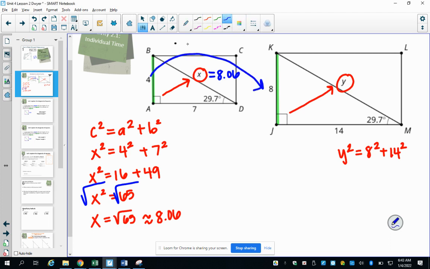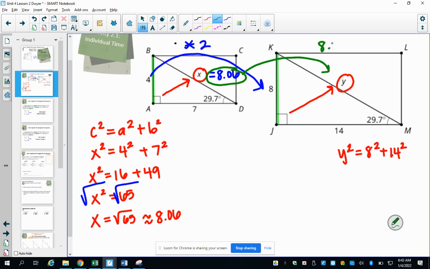So the scale factor here is times 2. So we take these small measurements, double them. So 4 times 2 is 8. 7 times 2 is 14. So we would take this hypotenuse and multiply it by 2 to get this one.